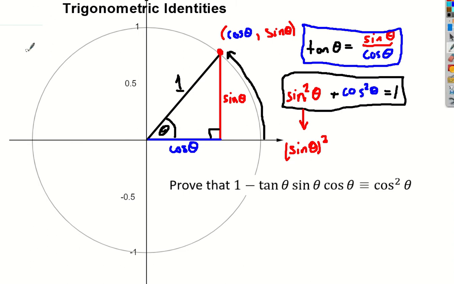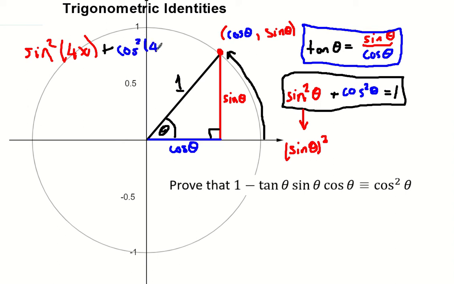As an example, if I were to write sine squared of 4x, and then I add cos squared of 4x, as long as my argument is the same throughout my identity, it's still going to remain true. So sine squared of 4x plus cos squared of 4x, according to the identity, is 1.